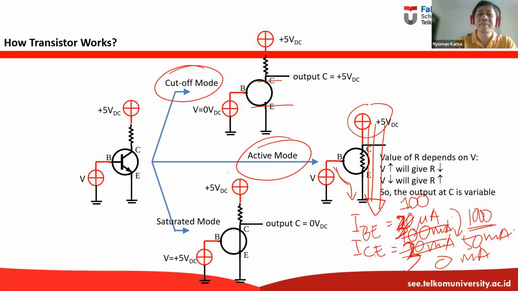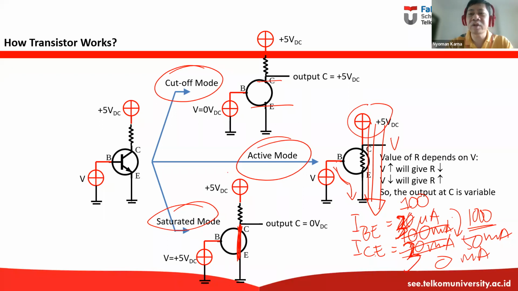This is the maximum current that flows from the collector to the emitter. So in this case, the transistor is in saturated mode. It's something like a direct connection. Now, if we put the transistor in active mode, the voltage here, at the collector, will depend on the voltage of the base.